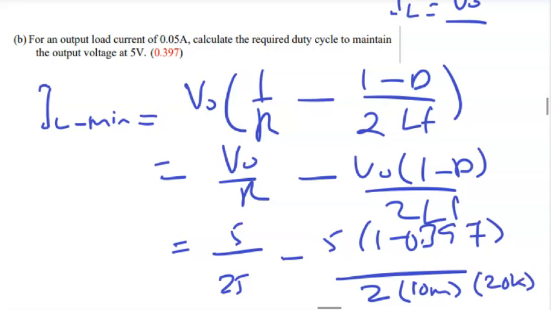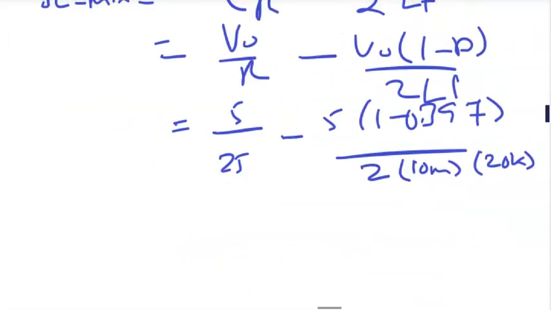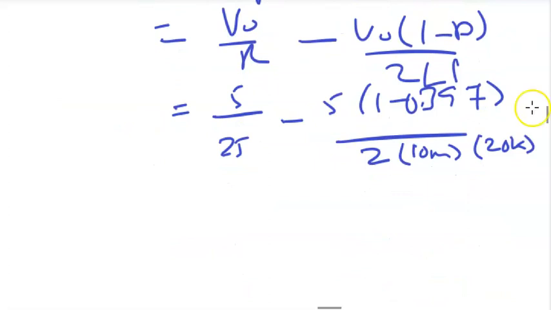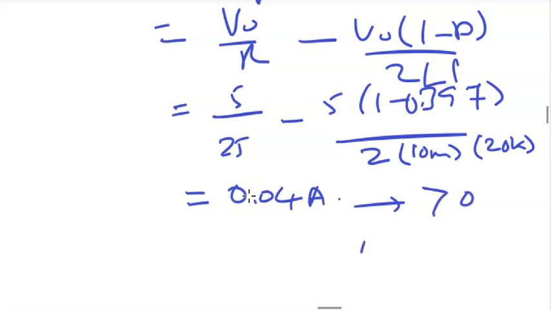So how much you get? So you shall get 0.04 ampere, which is bigger than 0, so it's still in CCM, alright.